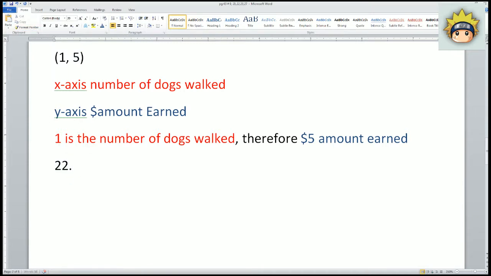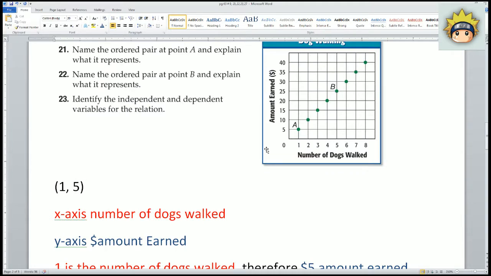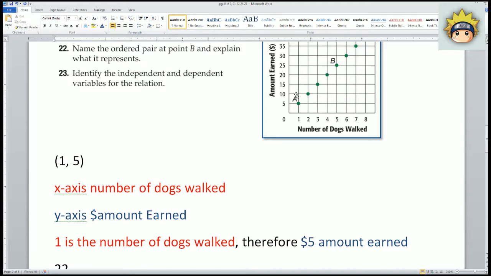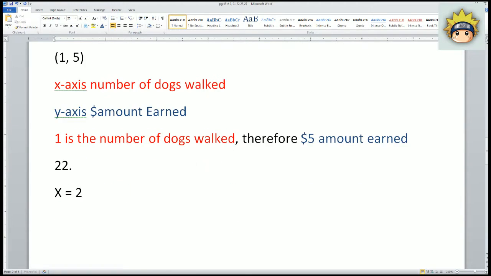So the x-axis for number 22, point B, is 2. So x equals 2, and y equals 10. The ordered pair looks like this: 2 for the x, 10 for the y.